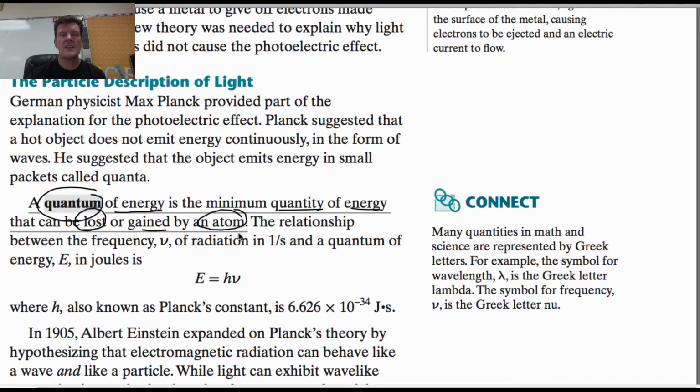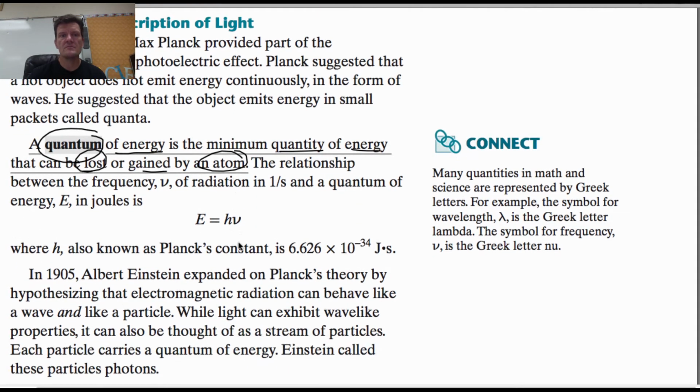Okay? And that energy is directly related to frequency, the frequency of the light that you are hitting the metal with. So this is E, energy, and here is frequency. And this h right here is just a constant so that you can equate the two sides. So E, energy, is proportional to the frequency of the light hitting the metal.